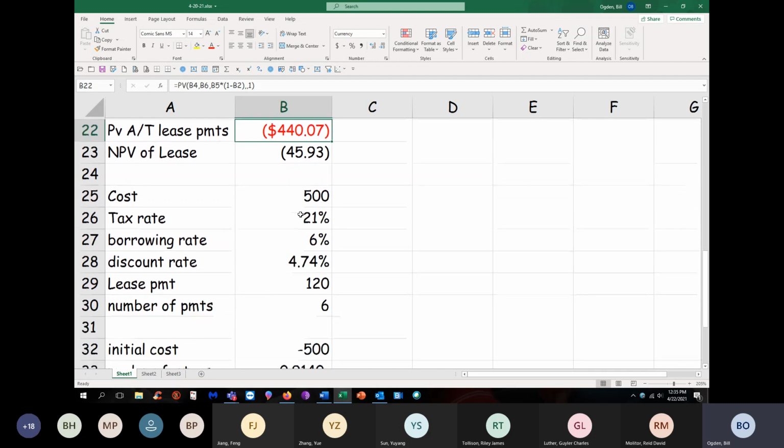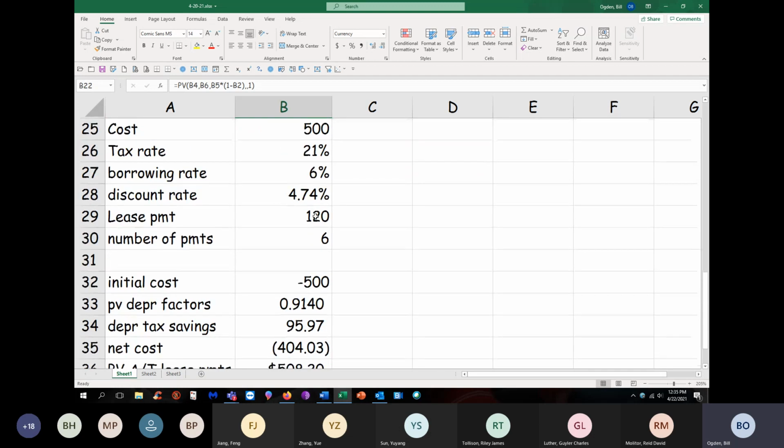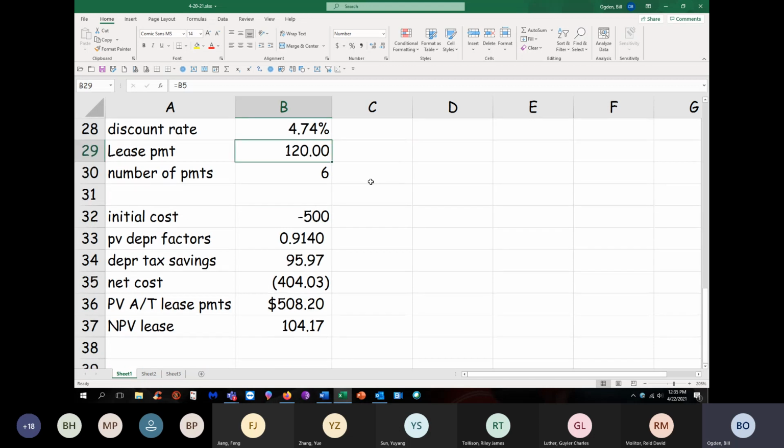When I did the analysis from the perspective of the lessor, it was B5 again. So every cell for which I have a lease payment refers to cell B5. Okay, now I have that in place, so now I can continue.